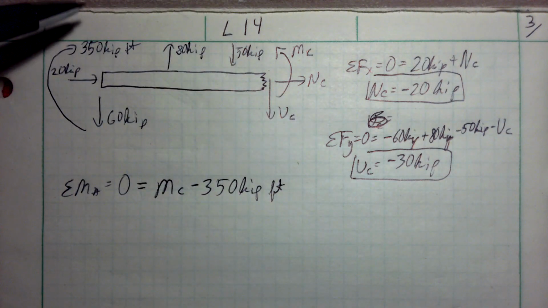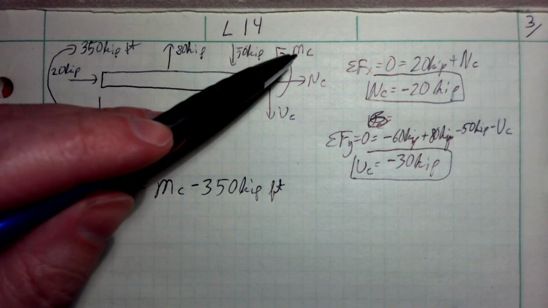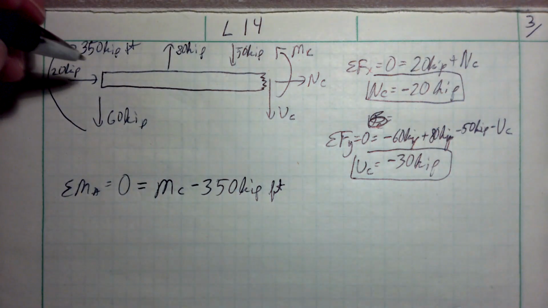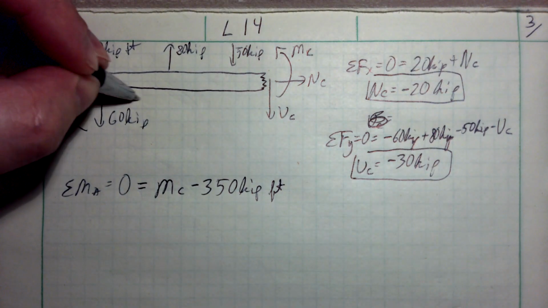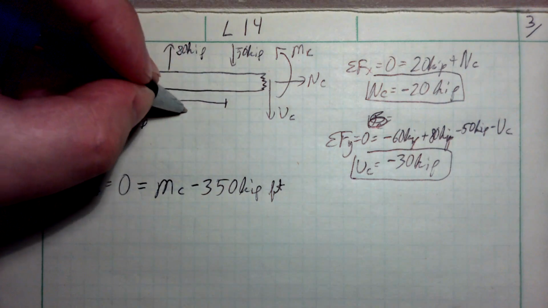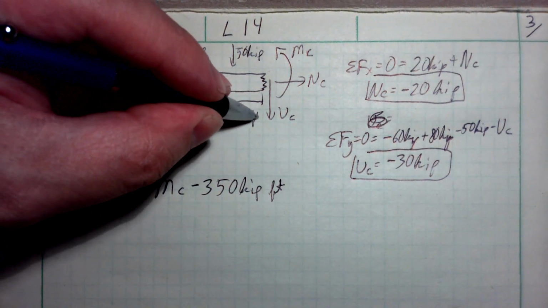And then if I look at the moment, if I do some moments about point A, again, I'm going to start with a couple moments. I've got MC minus this 350 kip feet. And then I've also got some distances here. I've got 5 feet, 5 more feet, and then 2.5 feet out there.